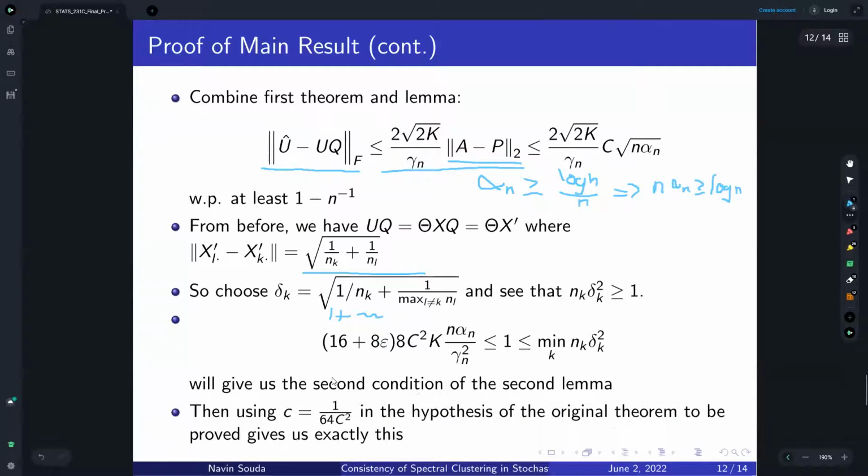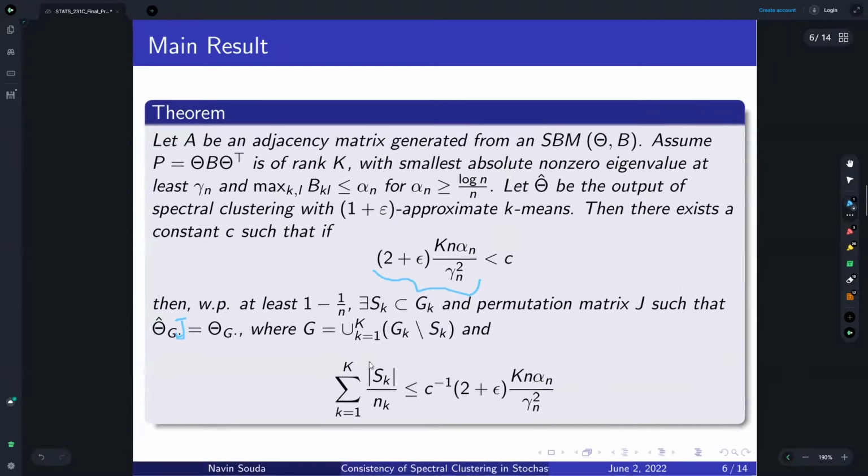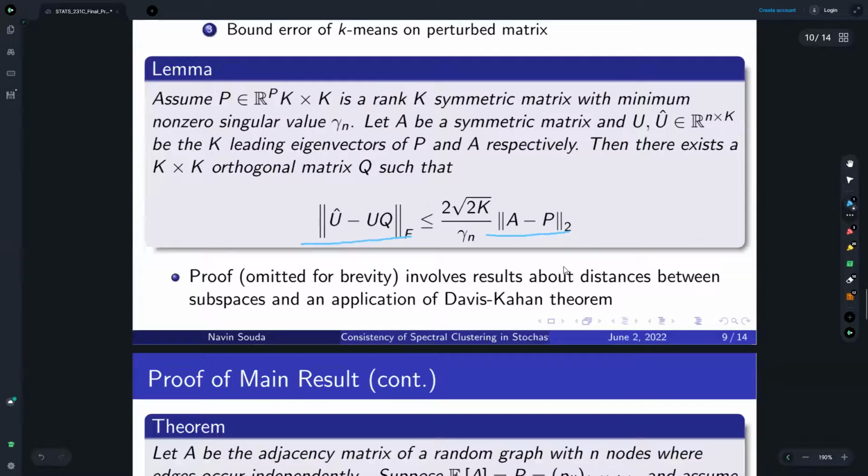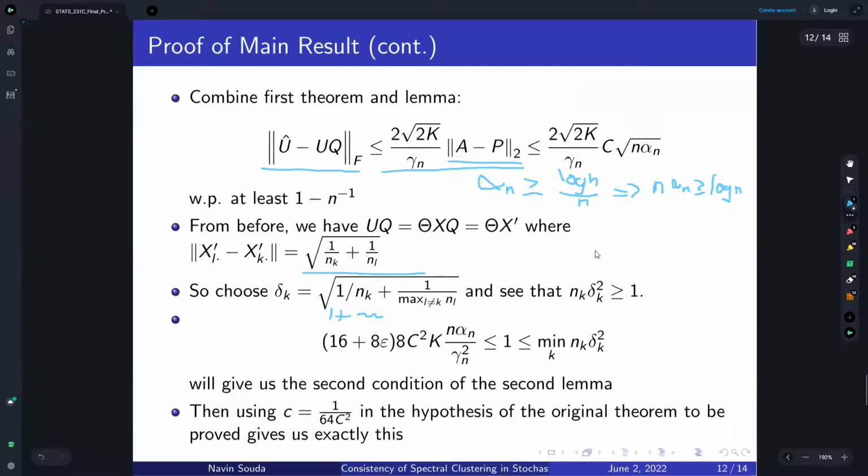If we go back to our original theorem, the main result, and choose C equals 1 over 64 capital C squared, and then multiply by 64 C squared on both sides, we get exactly what we need. You'll have to change the location of some of the constants, but it will provide us with the result that we need.